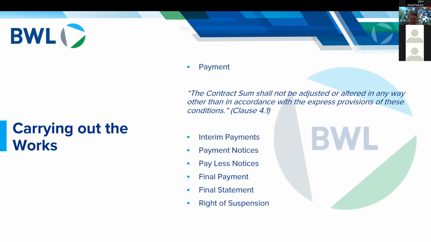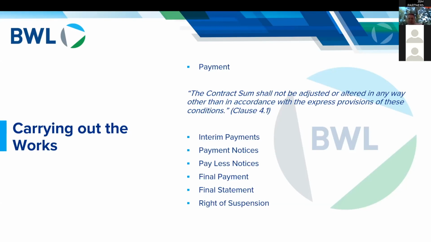And that's critical. That 5-day window, if that's what it is in the contract: if you don't issue your pay less notice 5 days prior to the final date for payment, the application itself becomes the amount that you must pay.